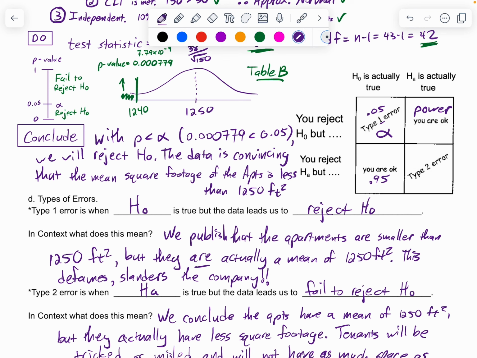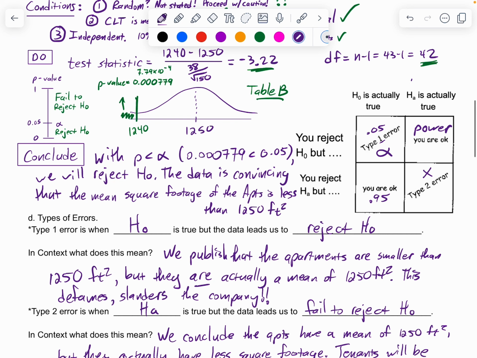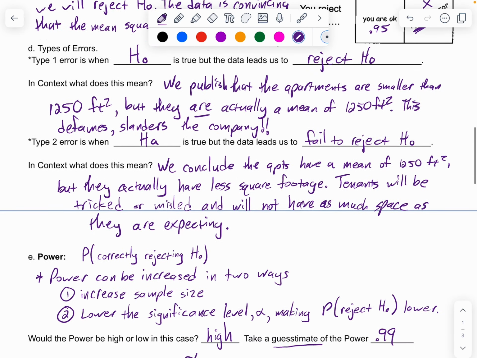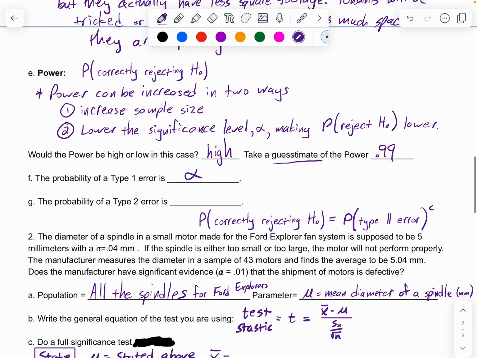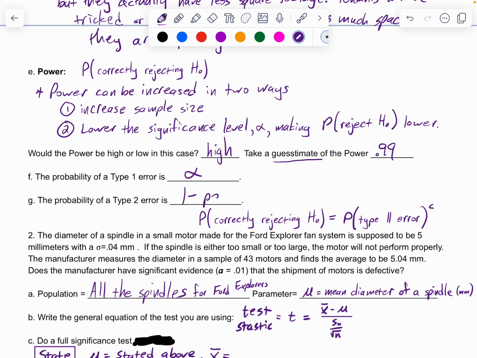So let me just give a generic, let's say this is x. So x plus the power equals 1. And I want to find the probability of this. So it's 1 minus the power, because this first part is the power.